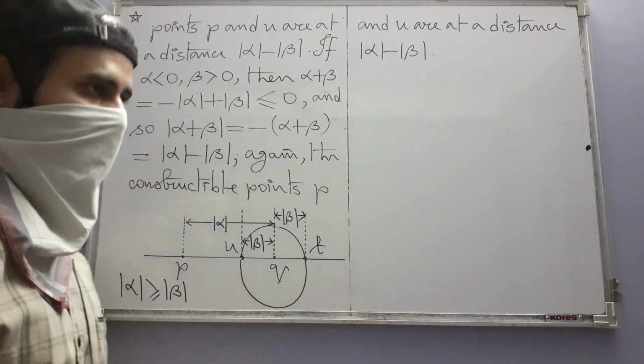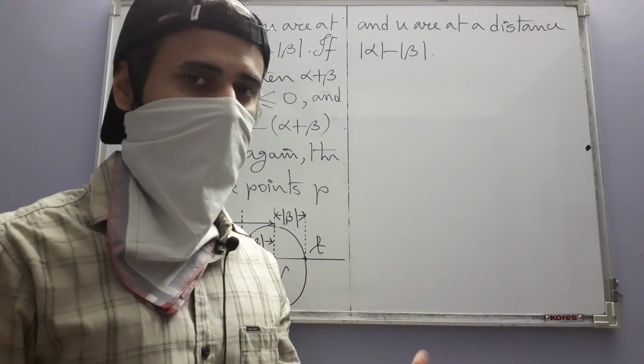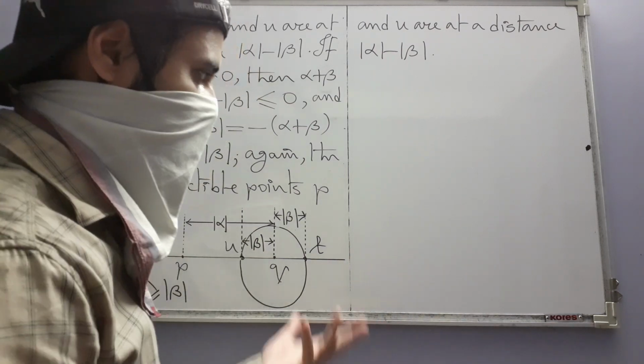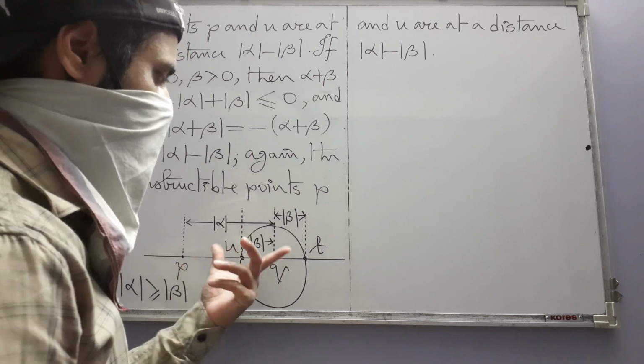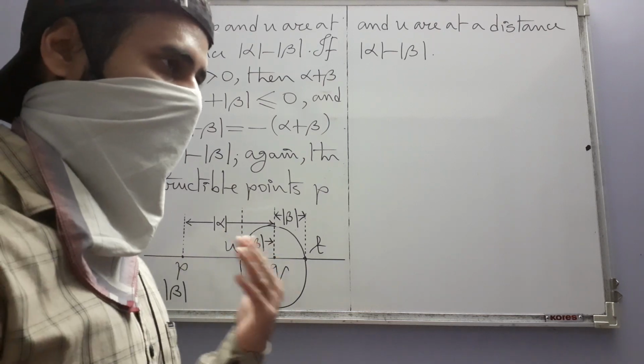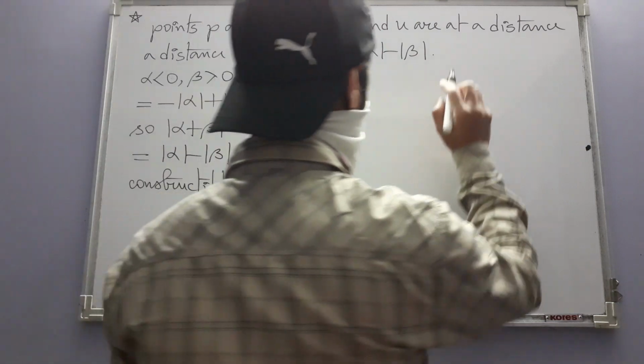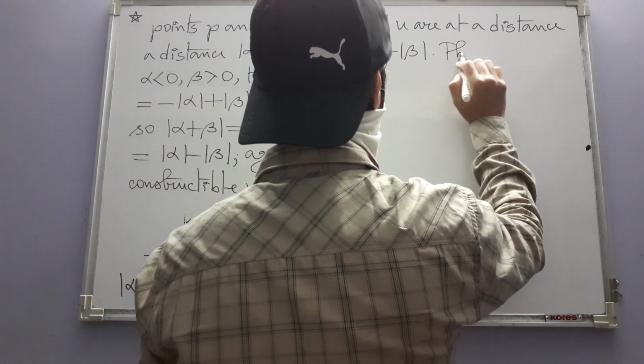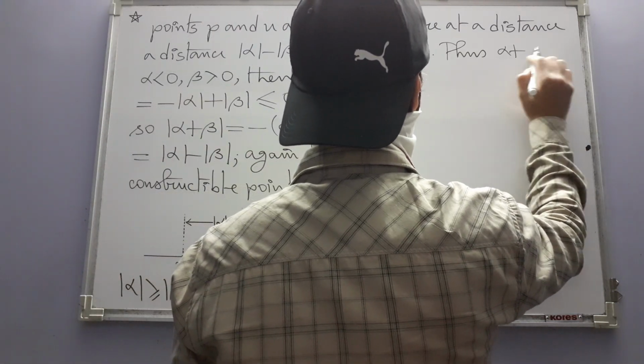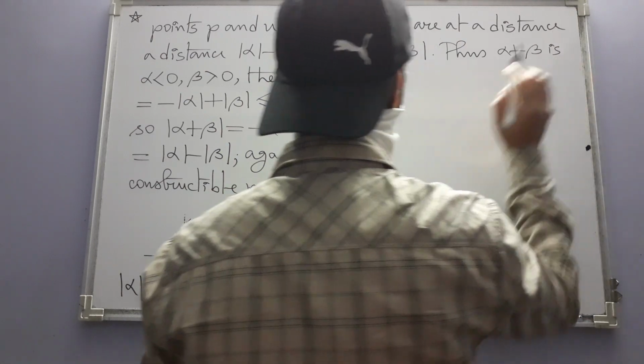So now we have completed our proof for all the cases, and in all the cases we have in fact found constructible points which are at the desired distance away from each other. Thus alpha plus beta is constructible.